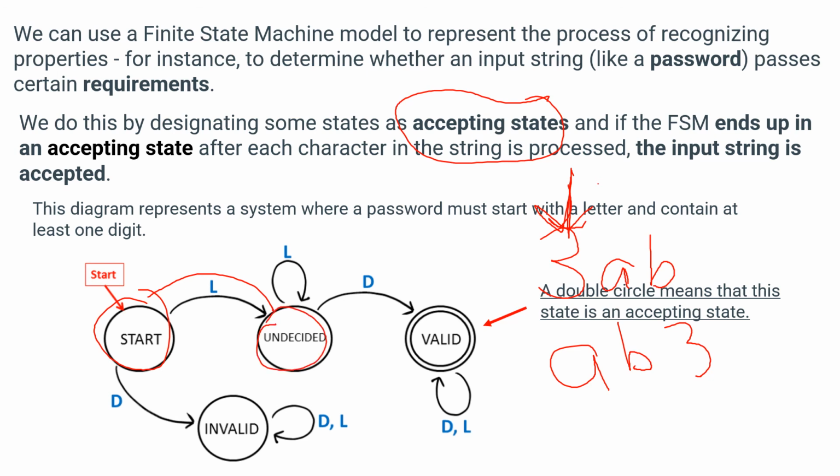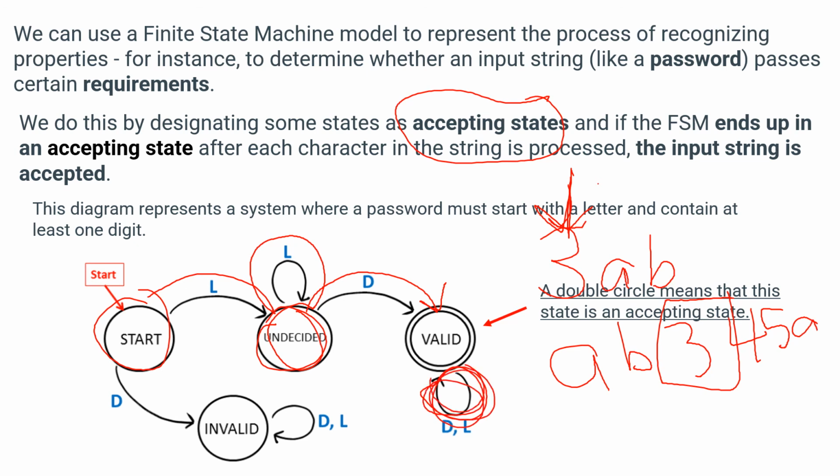Then I put in a B, another letter, and it stays at undecided, still not sure. But as soon as I put that digit in, which is what it's waiting for, that takes me to the valid state. That is the accepting state. And notice I could put other stuff after it. I could put more digits and more letters, and it would just go around and around, continuing to stay in the valid state.